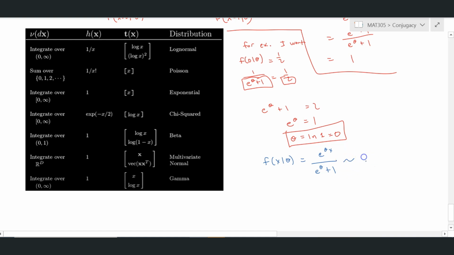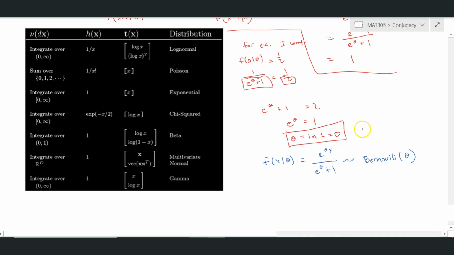This is what we call a Bernoulli distribution with parameter theta. Now, as far as converting that to a probability, that's a whole other scheme, but if theta equals 0, we'll get a 1/2 probability on both sides.